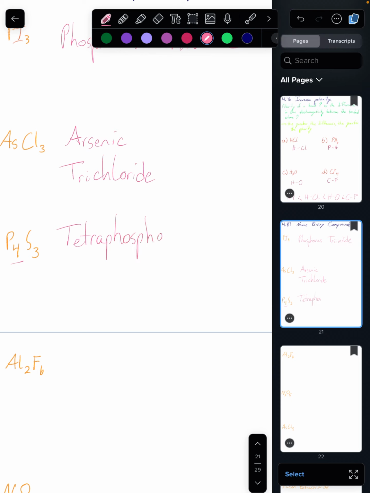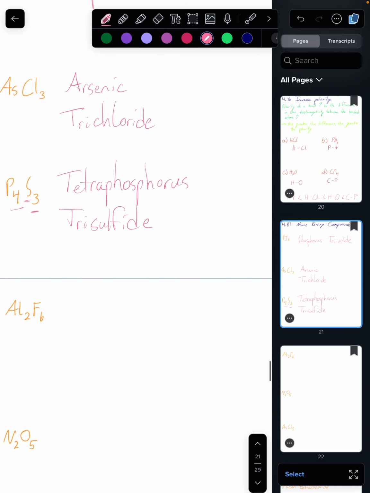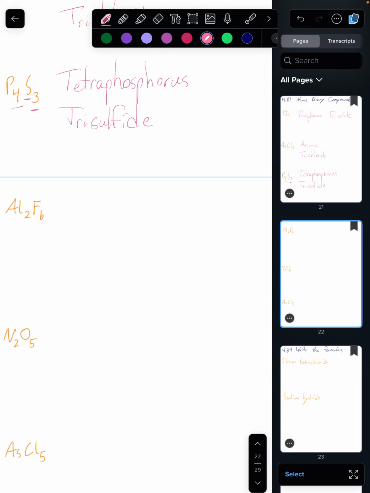And of course the compound. Phosphorus. We have that 3. So tri. And then we have that sulfur. So we have sulfide, because we add on that ide. Okay?